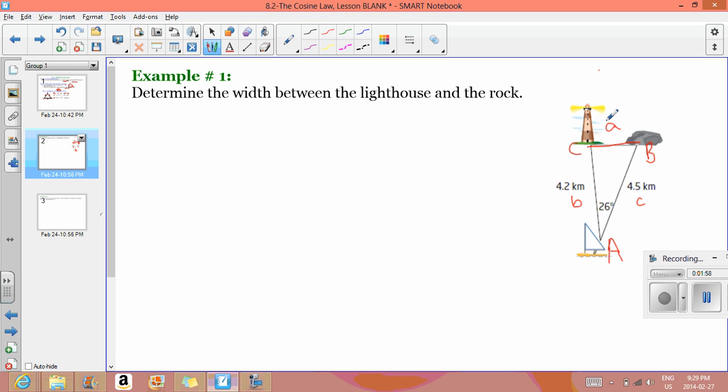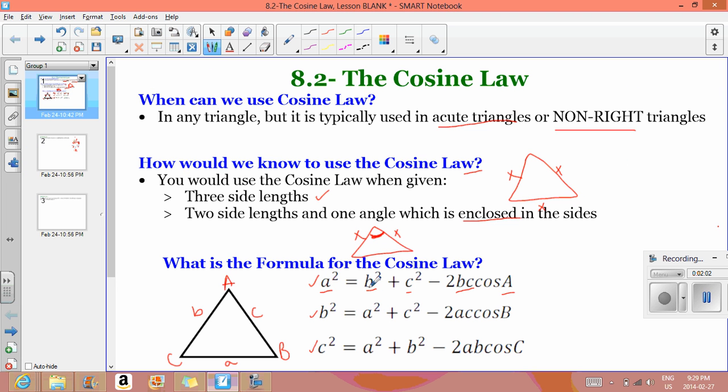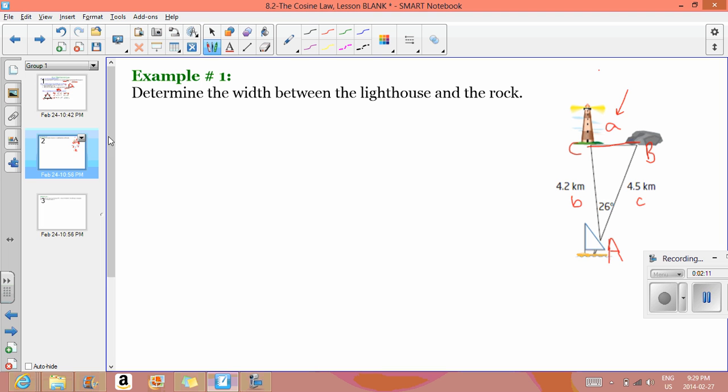We are looking for A, and if you go back to the equation, we have A here. Anytime you write this formula, it doesn't have to be ABC. It can be whatever letters the triangle is labeled, and you would just write the equation accordingly. So our equation is a squared equals b squared plus c squared minus 2, and then times those as well, and then times cos A.